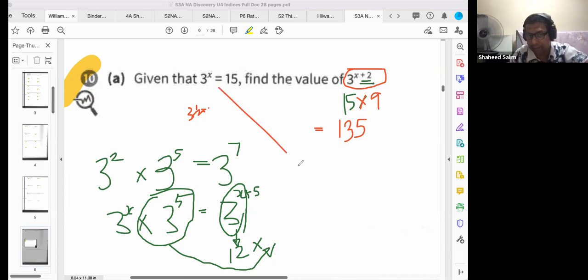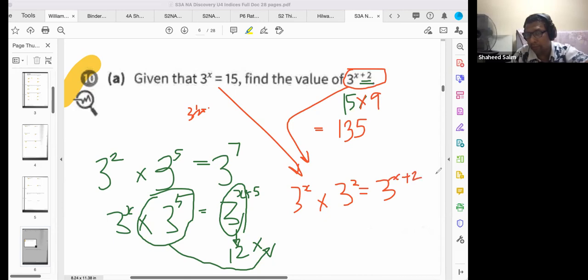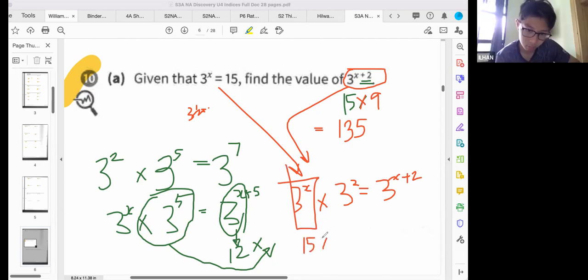So let us break this down. Now we do this together. 3 to the power of x times 3 to the power of 2 is equal to 3 to the power of x plus 2. You agree, right? So now they tell me this is 15. Okay, 15, no problem. Times 3 to the power of 2 is 9. Oh, I get 135.